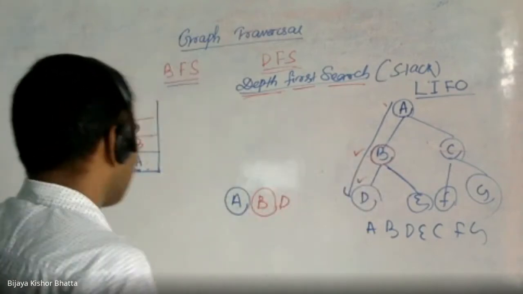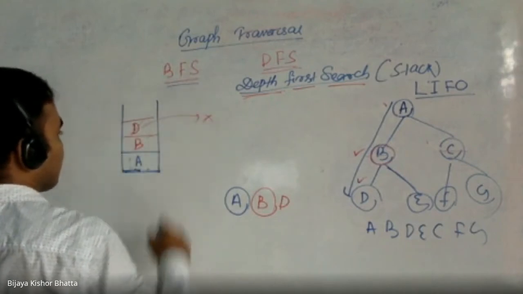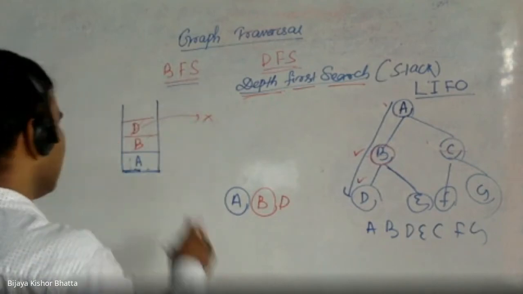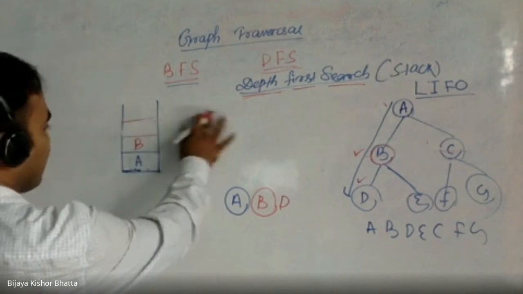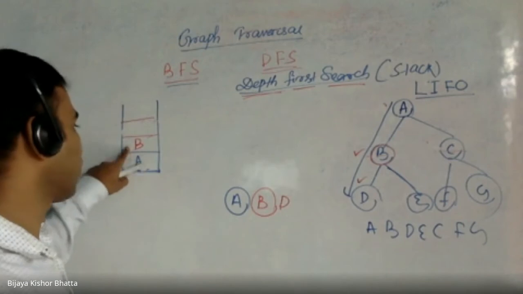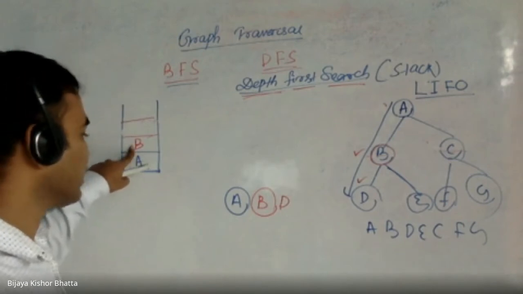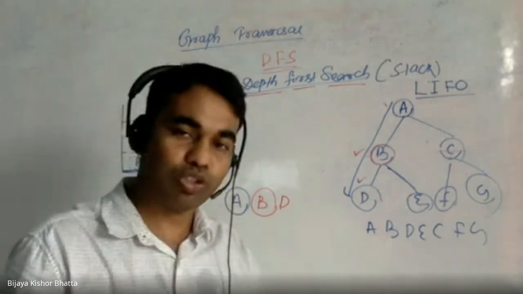So you will simply pop D. Now we look into the stack, and B is the top vertex. You ask the same question once again.